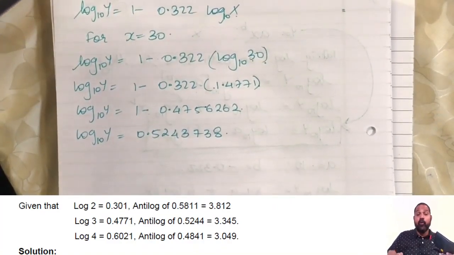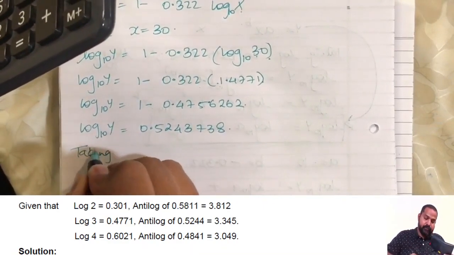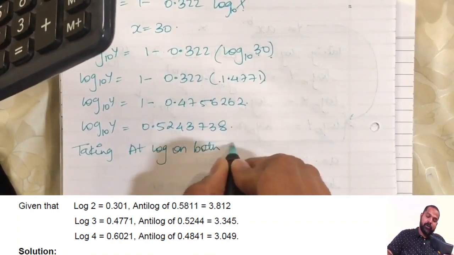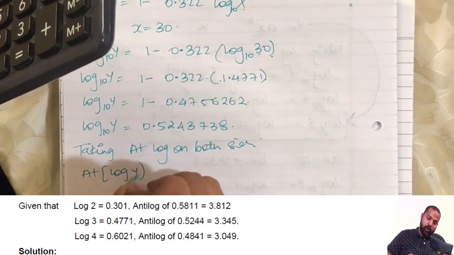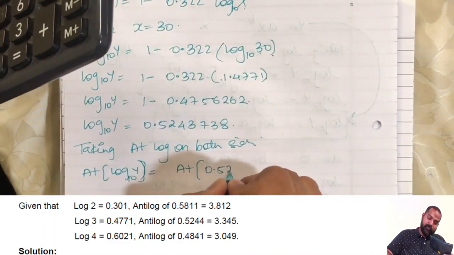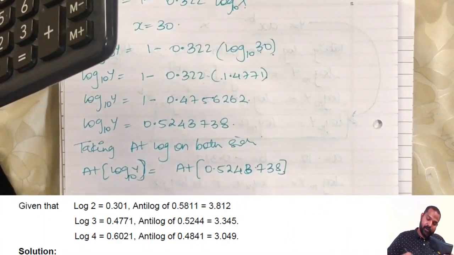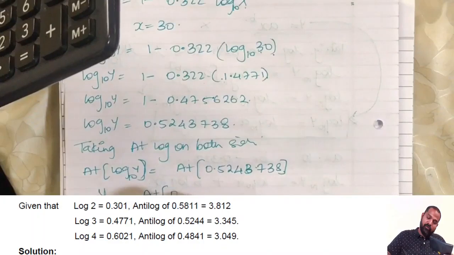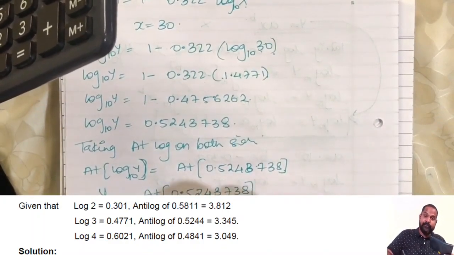Correct? But I don't want log y. I want y. Taking anti-log on both sides. Anti-log of log y to the base 10 is anti-log of 0.5243738. Anti-log of log will become y is the anti-log of 0.5243738.